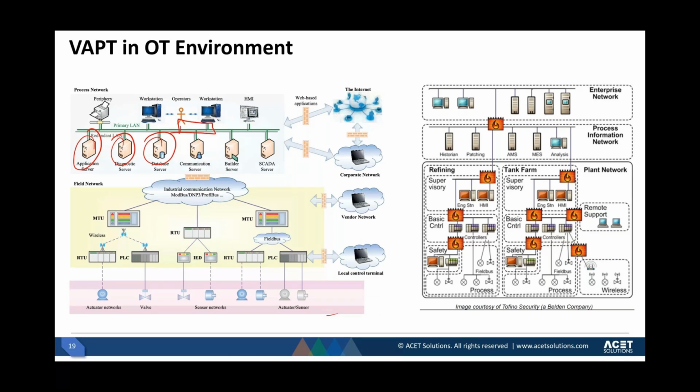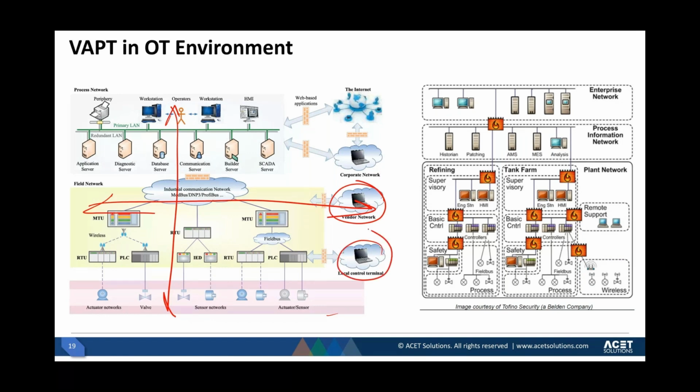So you could use different technologies, but you would go from top to bottom and left to right, include even the vendor networks, maybe the local control terminals, the corporate networks, any web-based applications, any firewalls, the configurations inside the firewall, the username and password inside the firewalls, the switches, the ports on the switches, which ports are enabled and disabled, how many VLANs are configured, is routing enabled on different multi-homed devices.